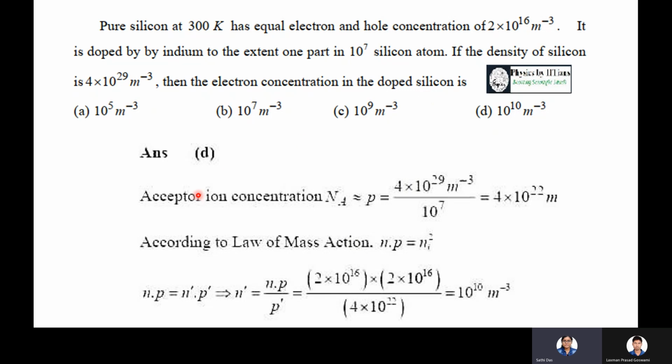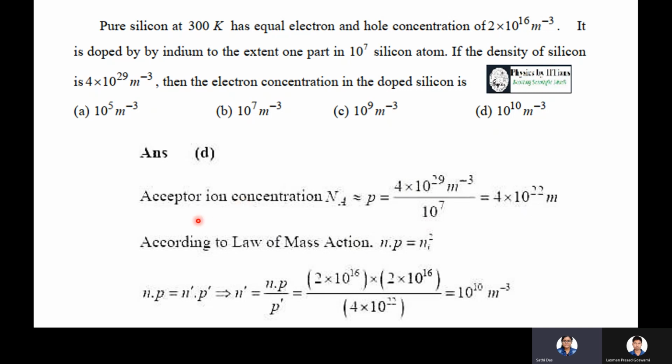First of all, this acceptor ion concentration, that is the concentration of holes, is 4 into 10 to the power 29 per meter cube divided by 10 to the power 7. So this is 4 into 10 to the power 22 per meter cube.